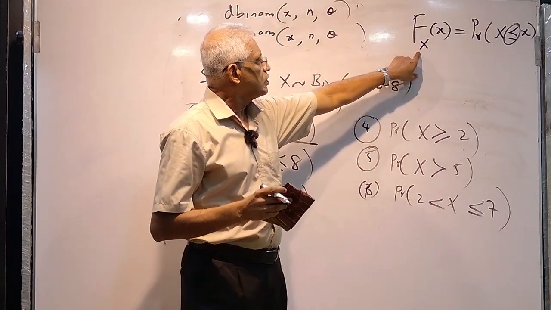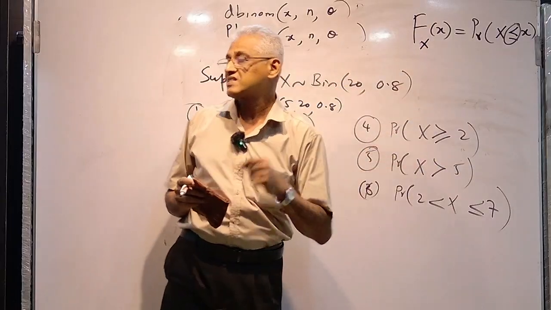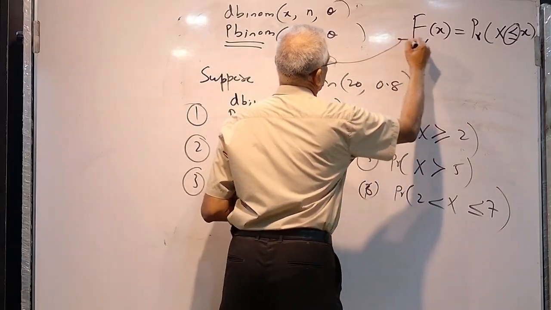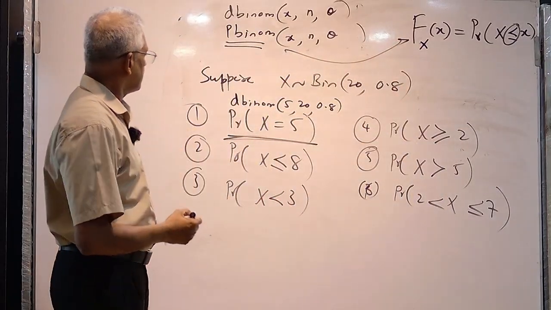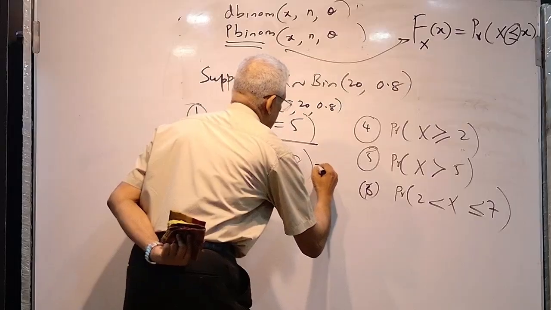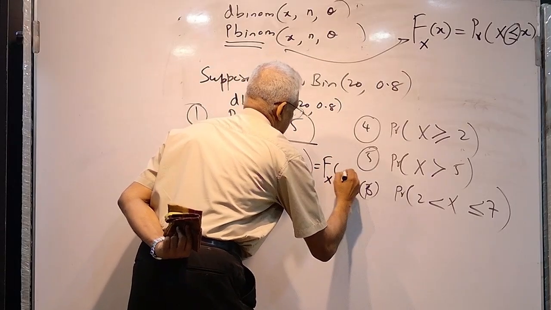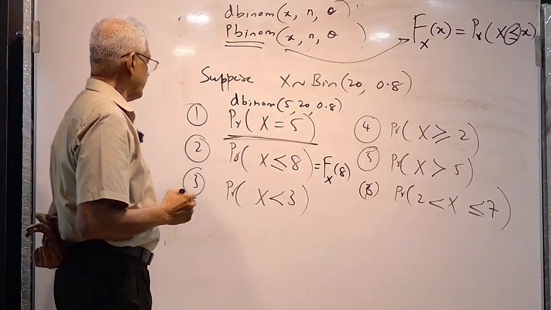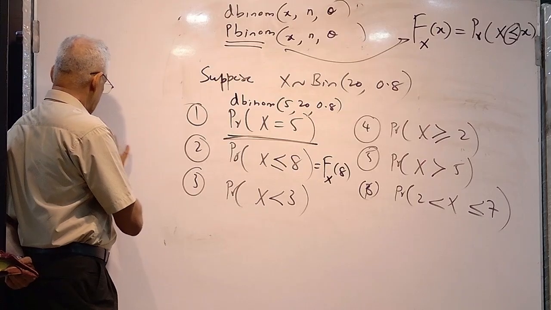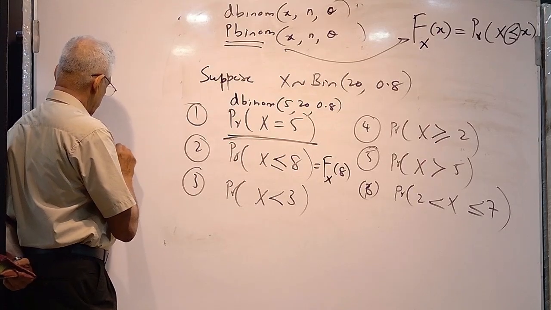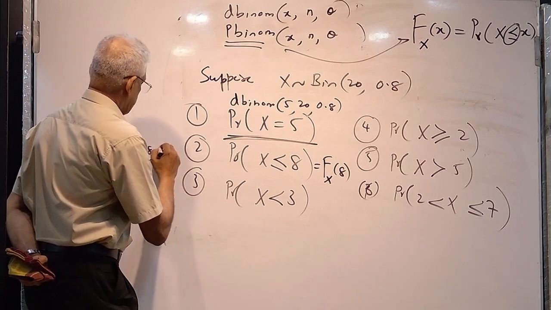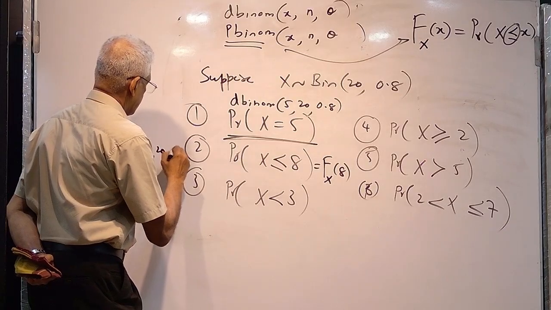Cumulative distribution is defined as probability x less than or equal to simple x, and this gives you that. So here we need probability x less than or equal to 8. So this is actually F(8) according to that definition. So you should use p binom, 8, 20 and 0.8.